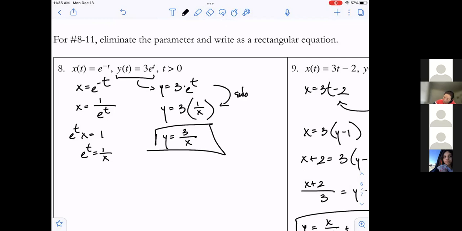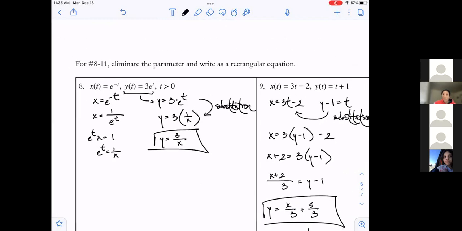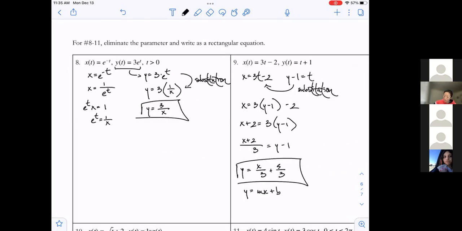This step, that substitution, comes into play even when we have e's and exponents and stuff, okay? Anybody remember what this graph looks like? Like 3 over x or 1 over x, something like that. I think it looks like half a parabola.